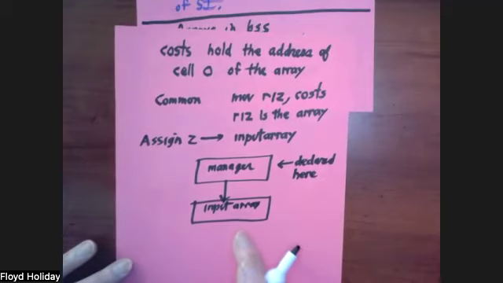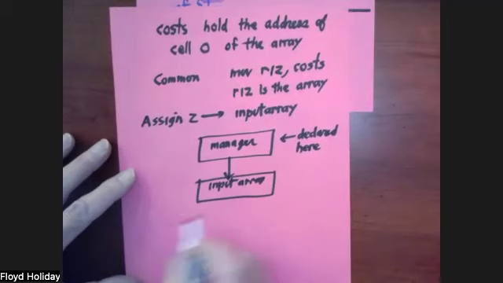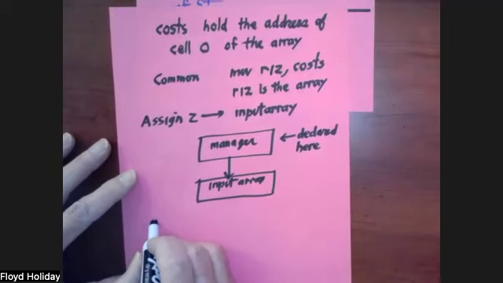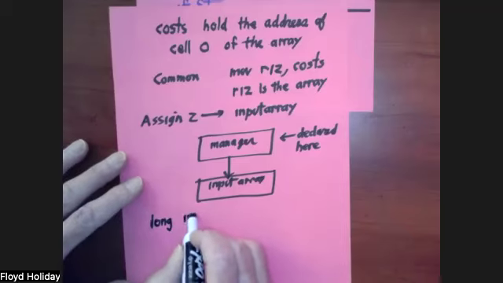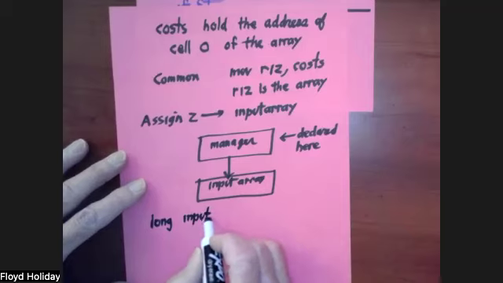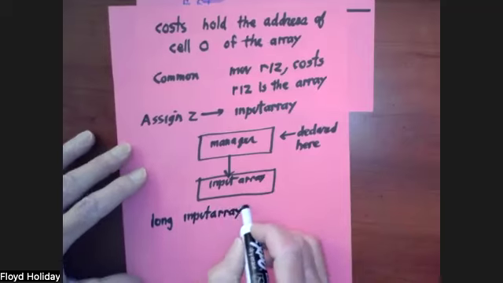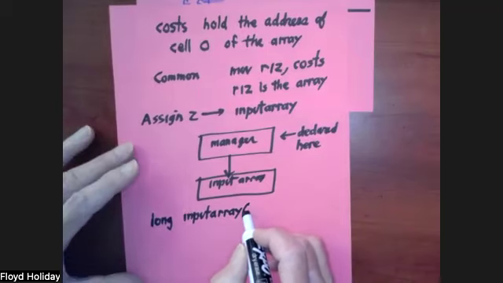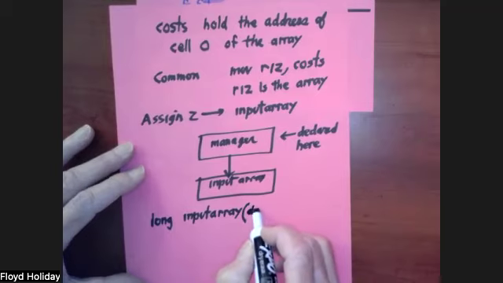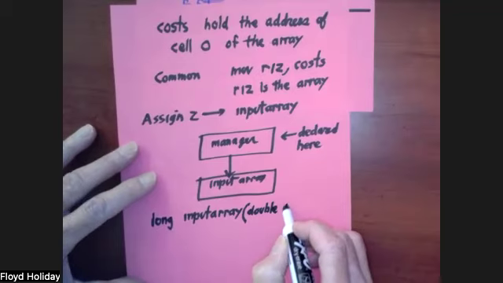Okay, so here's the prototype of input array, and it should be long. Input array, parentheses, double, one.